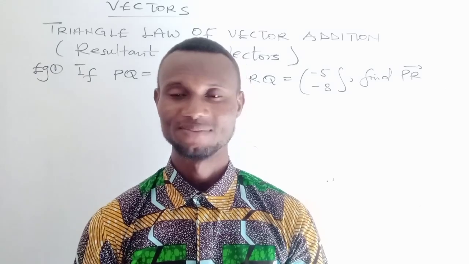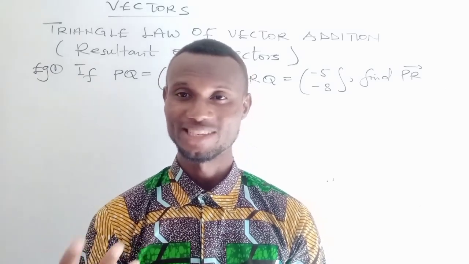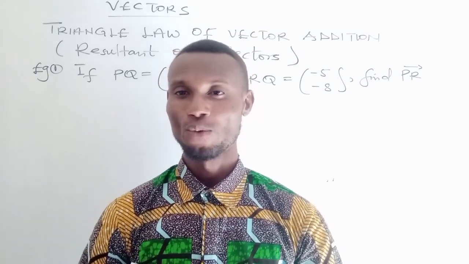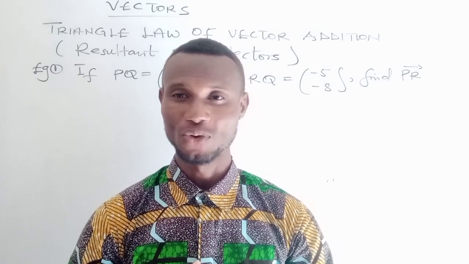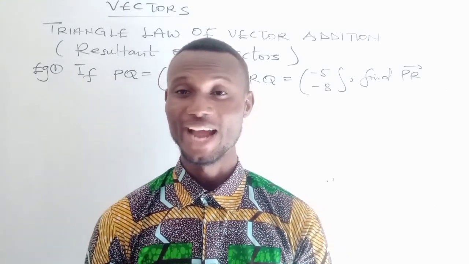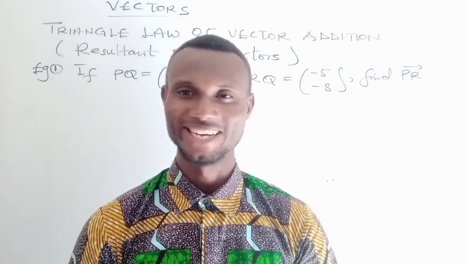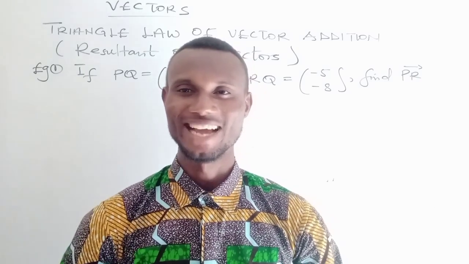And all of this, we've done a detailed explanation on it, and also we've solved some examples on it as well. And I hope you understood it and you enjoyed the lesson as well.